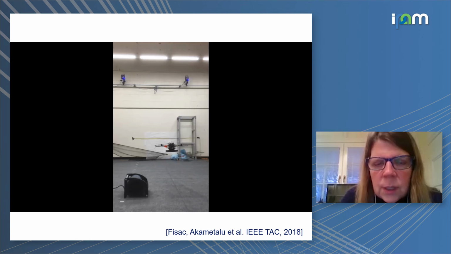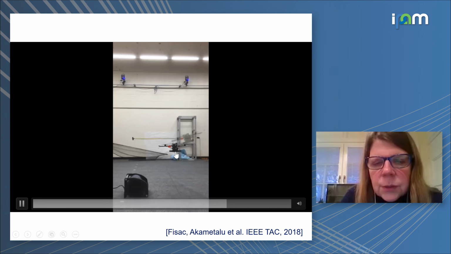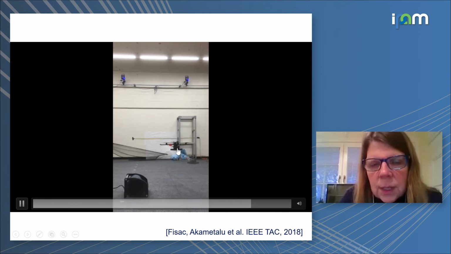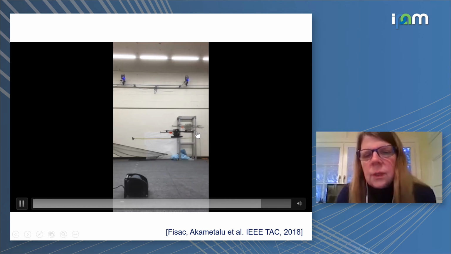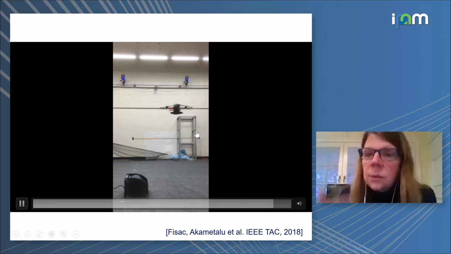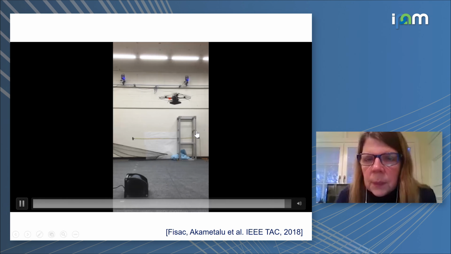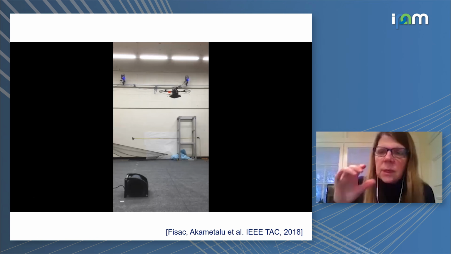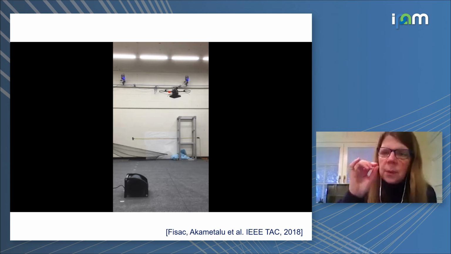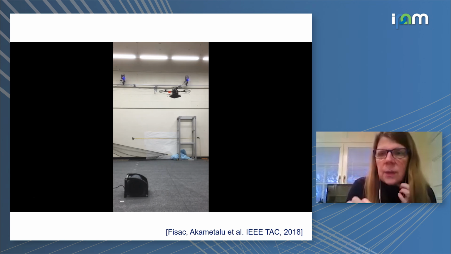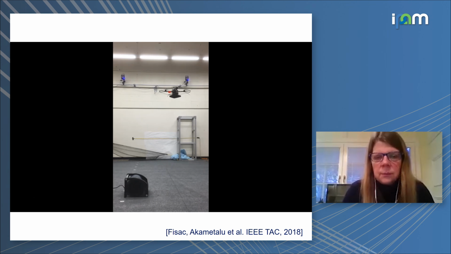So the safe region is now inside this envelope, and it goes back to that particular part of the envelope where the disturbance that it's measuring will still cause the vehicle to stay safe. The shaded vehicle is the one that is not doing this online update. Okay, so the vehicle updates that envelope in real time based on the safe level set of that Hamilton-Jacobi equation.